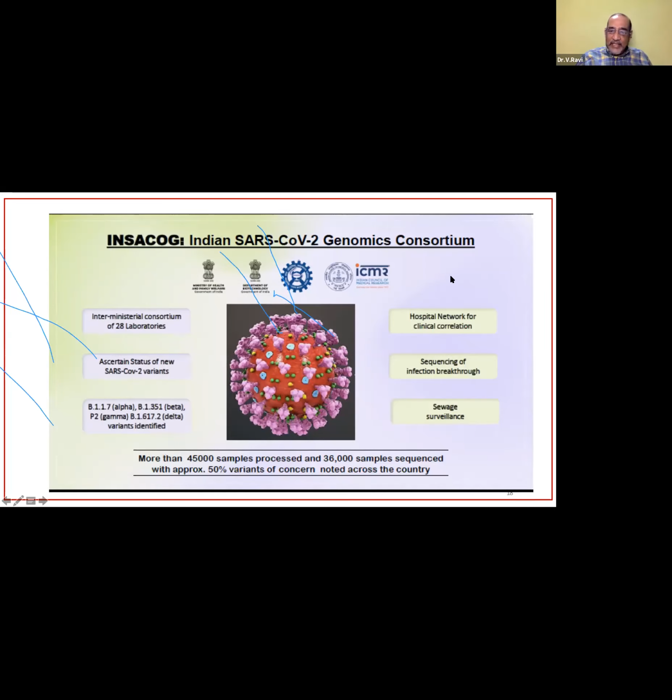And the main reason it is being established is to look for new variants, as well as to look for associations of variants with increased transmissibility. Close to 50,000 samples have already been processed, and 45,000 as of today have been sequenced. And remember, the contribution of INSACOG to the world has been demonstration of Delta plus variant.